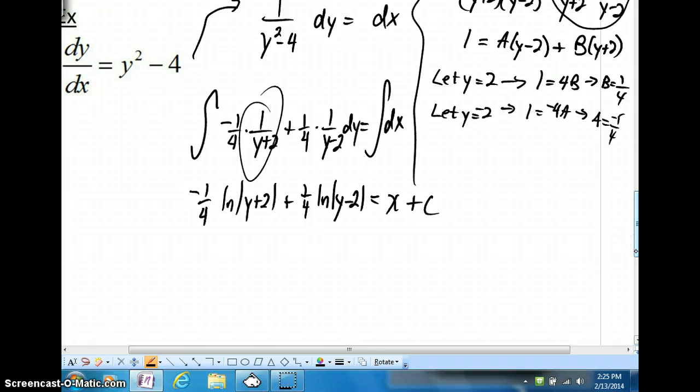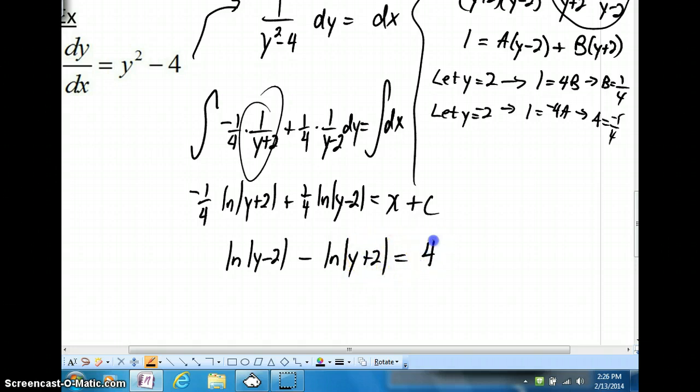Okay. So usually kids are looking at this and they're saying, wait a minute. You brought up in the beginning that there was the danger of losing a solution. What on earth are you talking about? Well, tell you what, we could very quickly multiply everything through by 4, perhaps. And if we did that, we would have, and how about I reorder, how about I put this natural log of y minus 2 out in front, and then say minus the natural log of y plus 2.